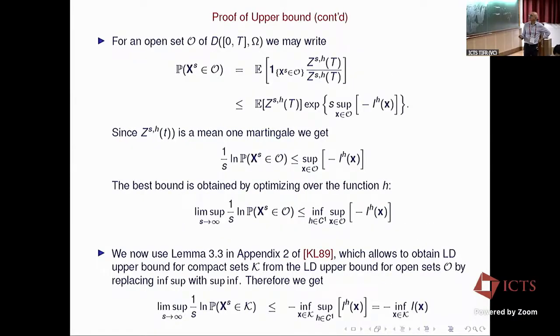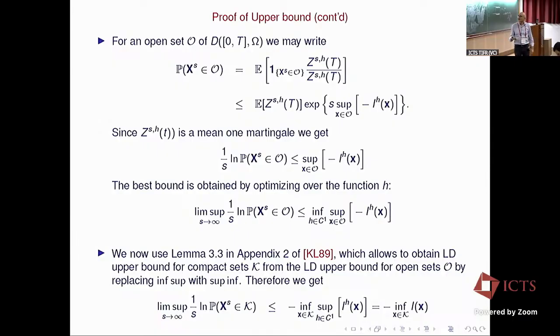And then when we employ Markov inequality, we get this upper bound, and since it is an exponential martingale, this is 1, and we are here. And then we optimize this bound by taking this inf. This is for open sets. Then when we move from open sets to compact sets, we have to invert this inf and sup, and therefore we produce the rate function that we want. This is for compact sets, and then by exponential tightness, you go to closed sets.